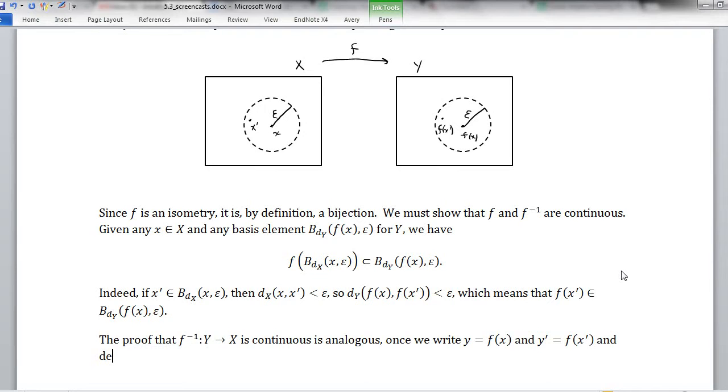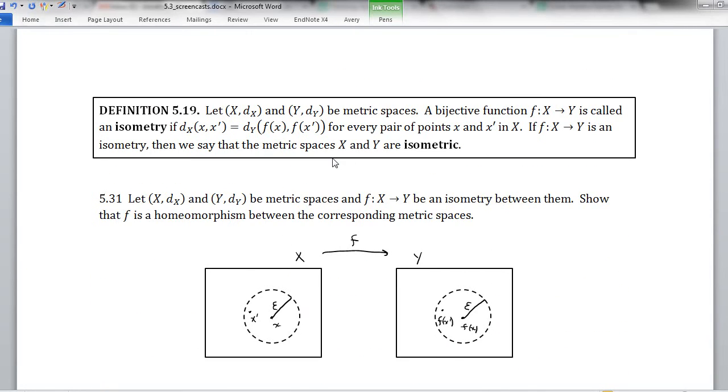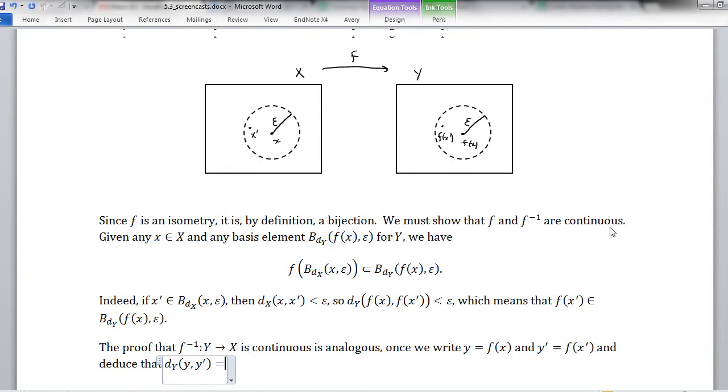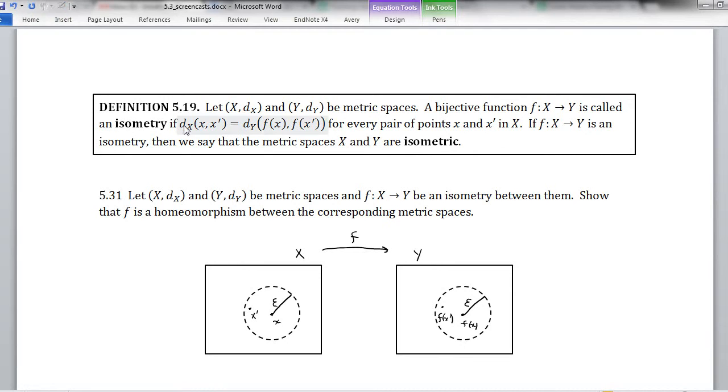And we can deduce that this expression here becomes d_Y of y comma y prime. And that's got to be equal to the left side here.